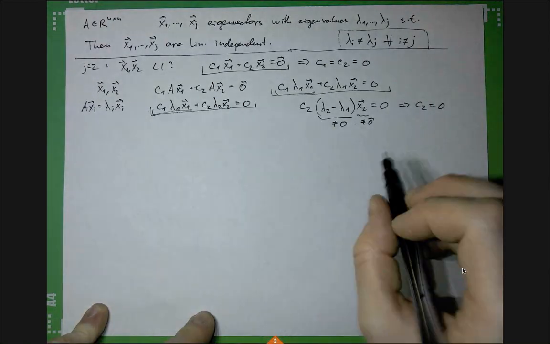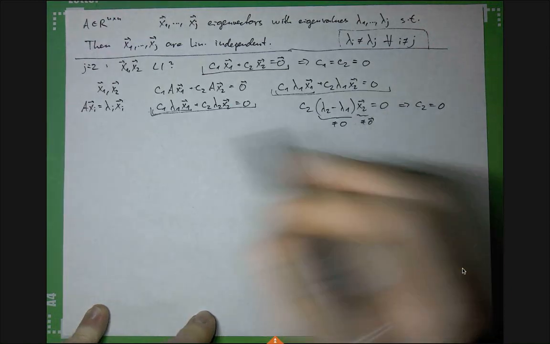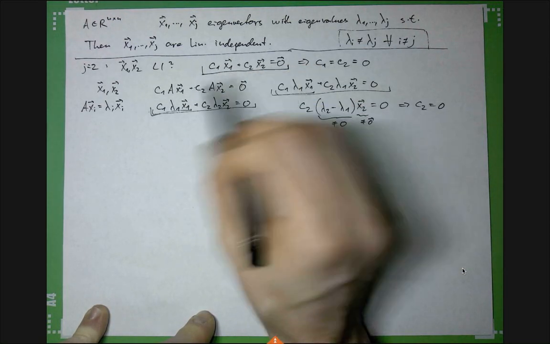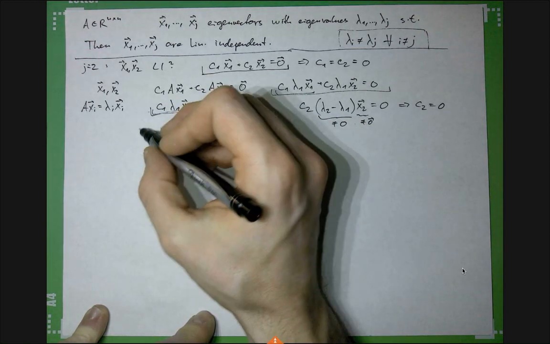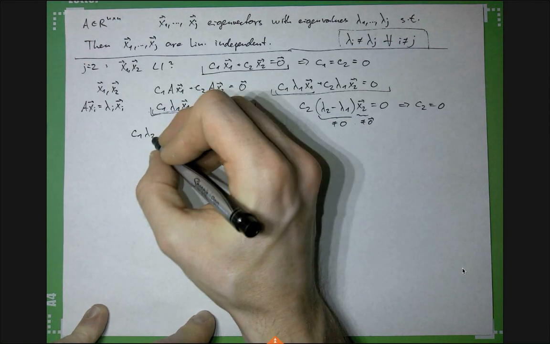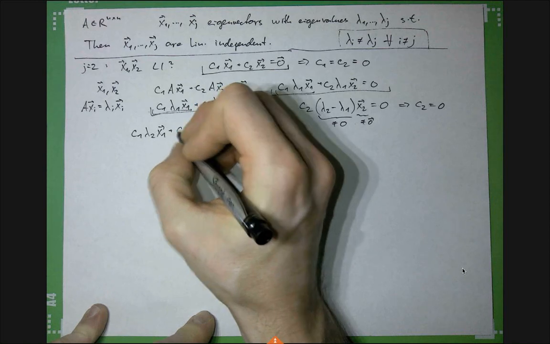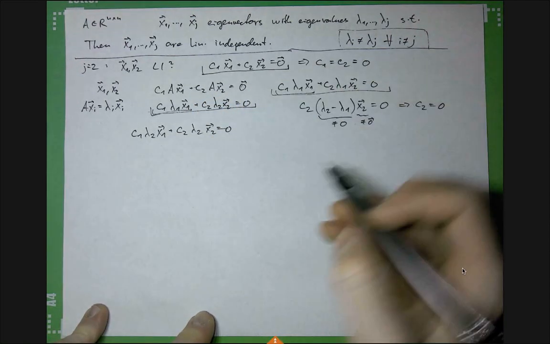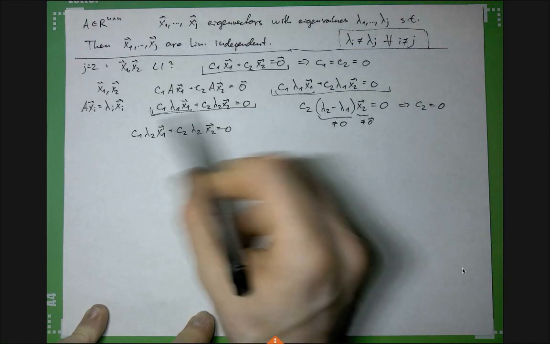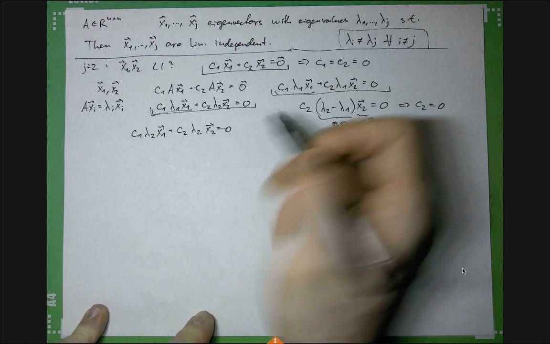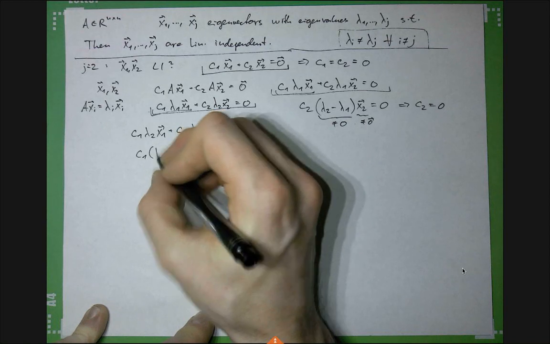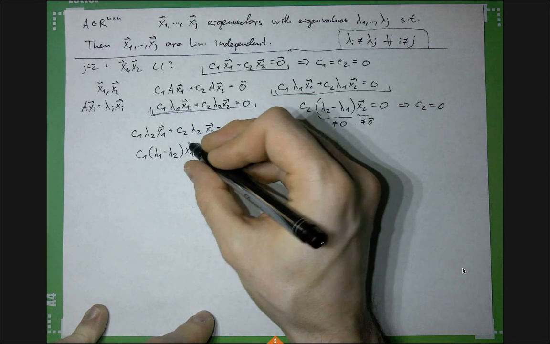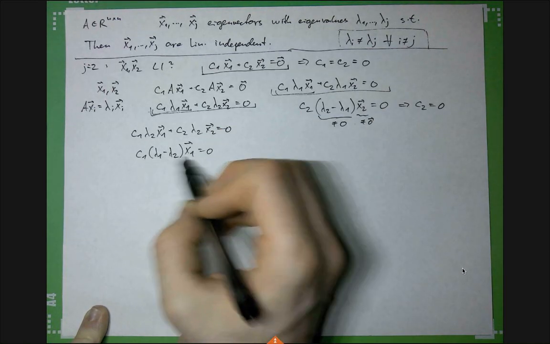And to get that C1 must be 0, all I need to do is take this equation and multiply it by lambda 2, and I will get C1 lambda 2 x1 plus C2 lambda 2 x2 is 0. Now I can again subtract from this equation, and I will get (lambda 1 minus lambda 2) C1 x1 is 0. And that's exactly the same argument.